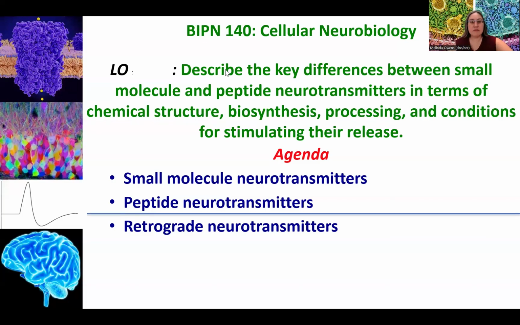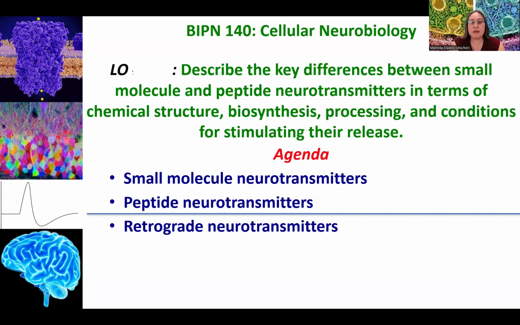All right, so one of the most fundamental differences is that some neurotransmitters are what are called small molecule neurotransmitters, and others are called peptide neurotransmitters or neuropeptides, and they're different in terms of their chemical structure, how and where they're synthesized, how they're processed, and how they're released.